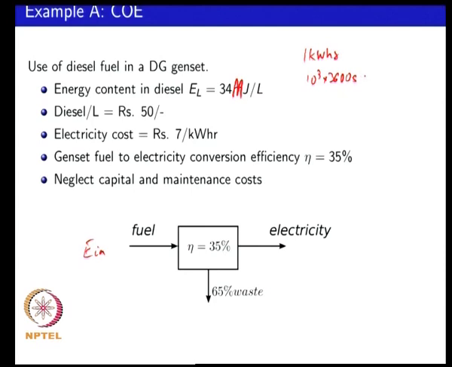So, this would give you 9.4 kilowatt hours per liter of diesel fuel. Okay. So, say 1 liter of diesel fuel, your 34 megajoules is equivalent to 9.4 kilowatt hours of energy input.